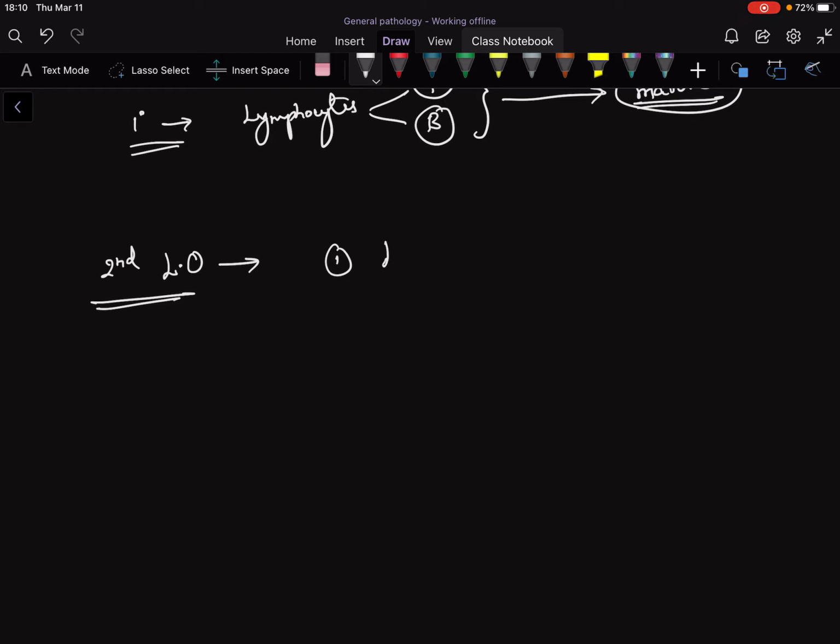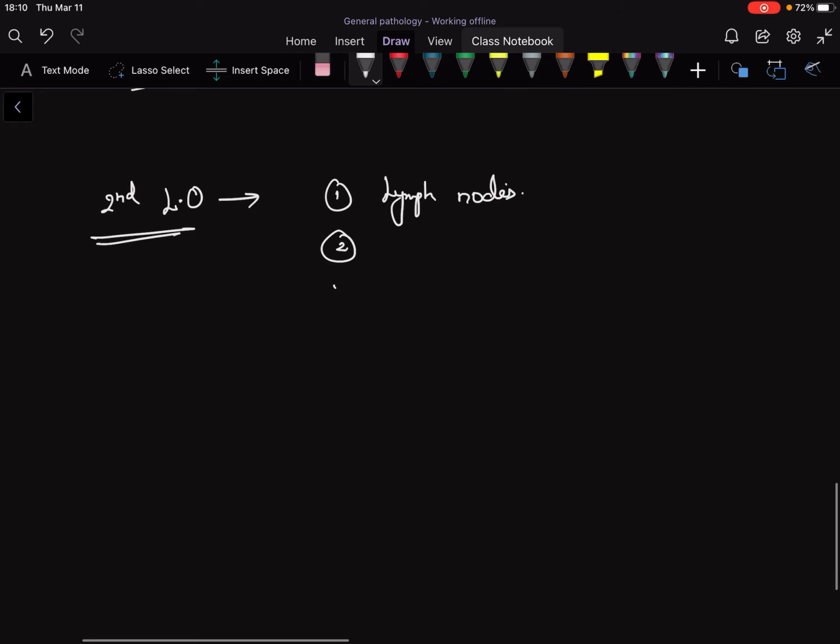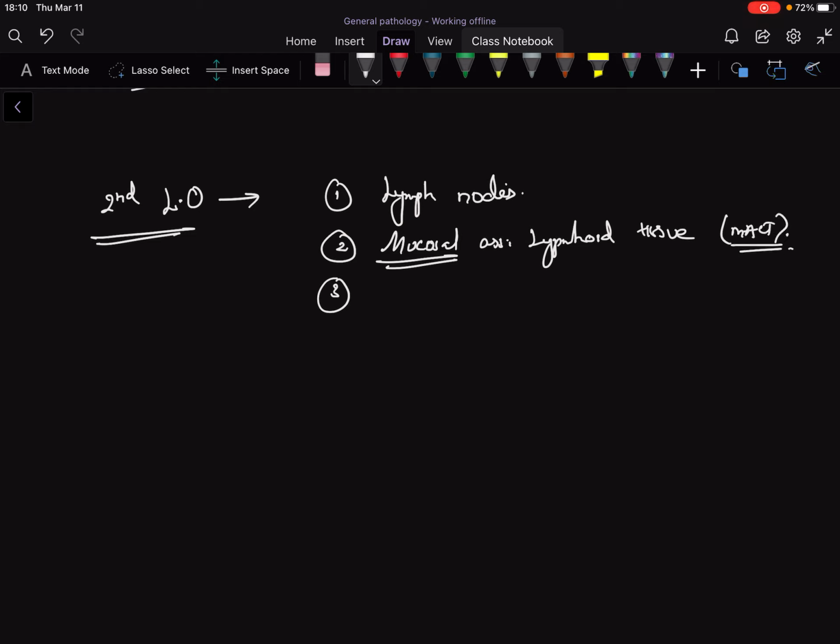The first one is lymph nodes, and then mucosal associated lymphoid tissue, or you can simply call it MALT, and the third one is cutaneous associated lymphoid tissue, okay, and the fourth one is the spleen.